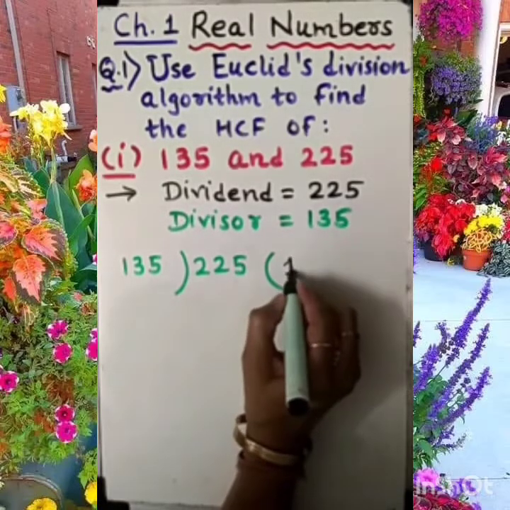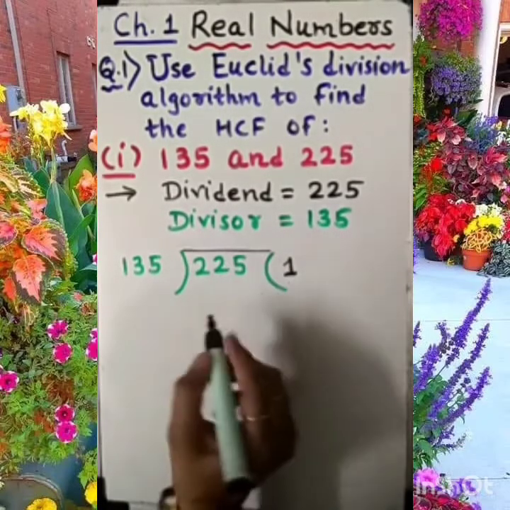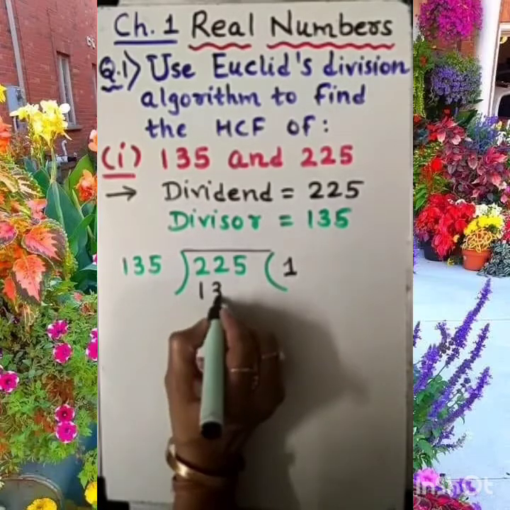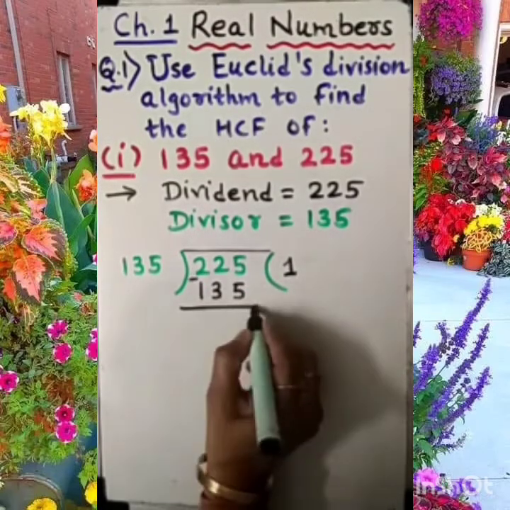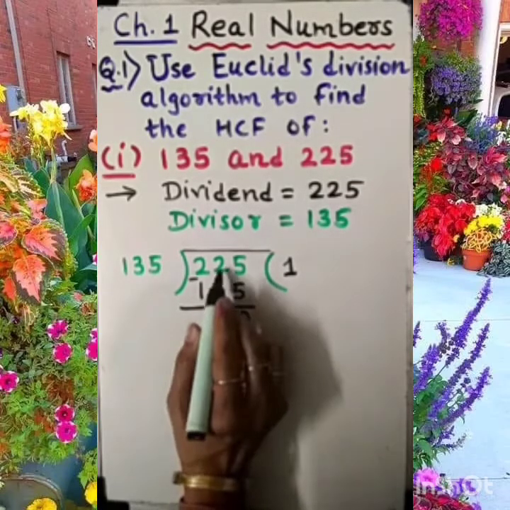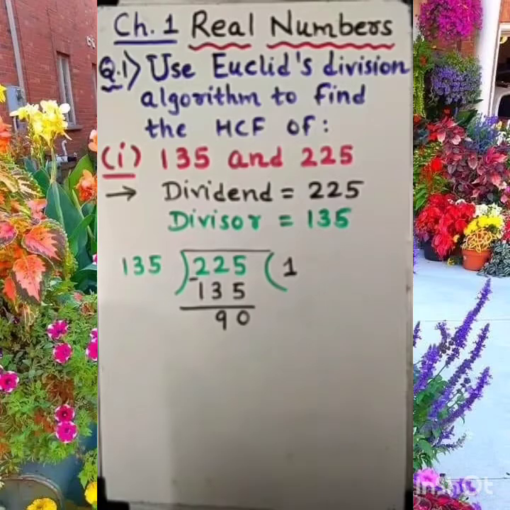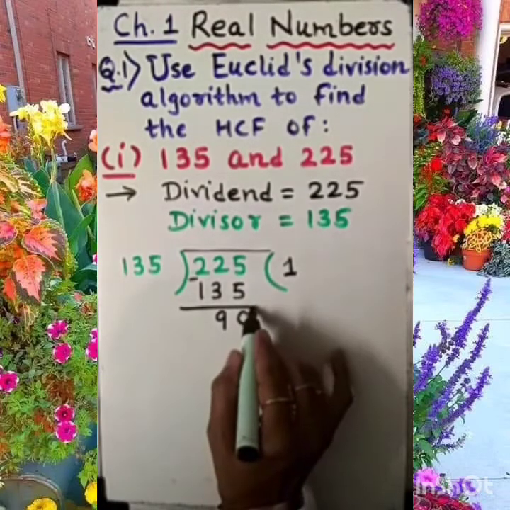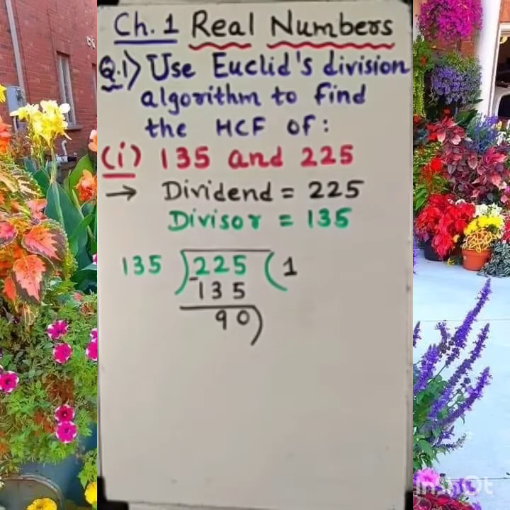So here I need to mention 1. If it will go with 1, then it will be 135. After subtracting, we will have here 225 minus 135, so it is coming 90. Now, what do we have to say in the next step?